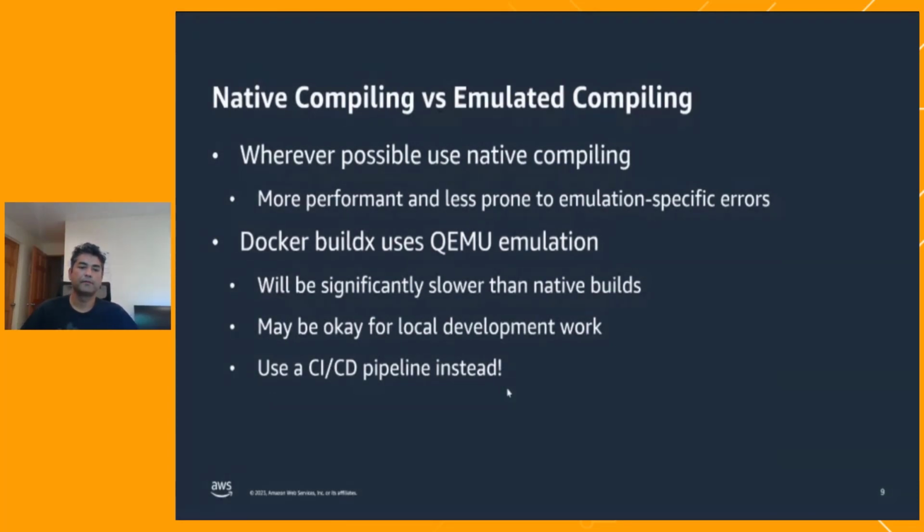And Docker uses QEMU emulation. And that will be slower. So especially when you're compiling for multi-architecture, you will see a little bit of a performance degradation there. And for a developer, I think that should be okay. But for your build system, you'll have to think about that.